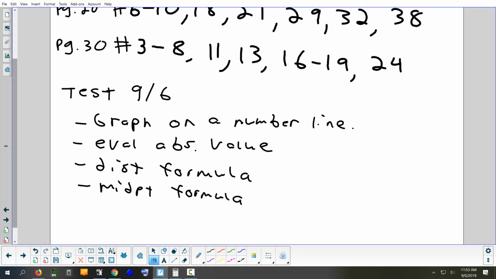What other kind of stuff? Okay, set a viewing window. The way I would test you on that is I would say, here's a formula, type this into your calculator, set your x min to 5, your x max to 20, your y min, your y max, hit graph.